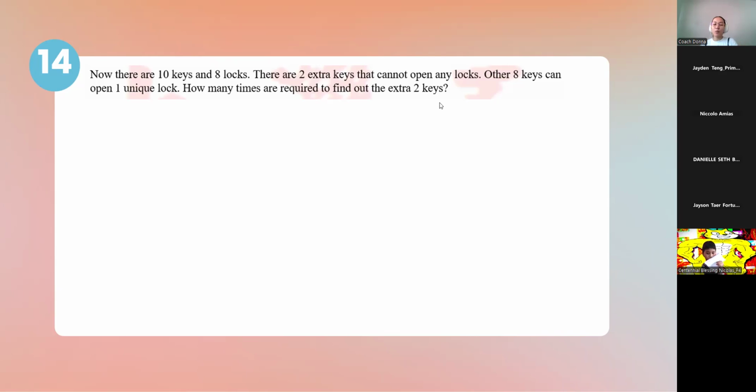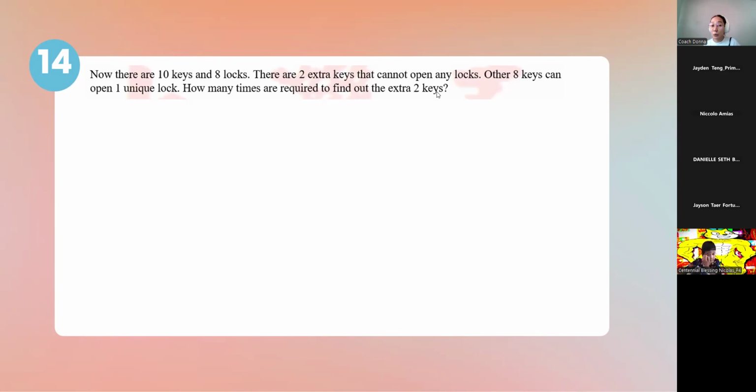Okay. So for questions like this, it's just like this. So there are 10 keys, right? And 8 locks. But other 8 keys can open 1 unique lock.